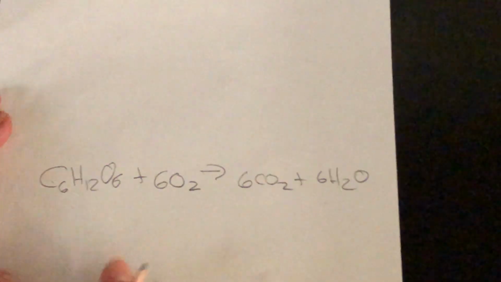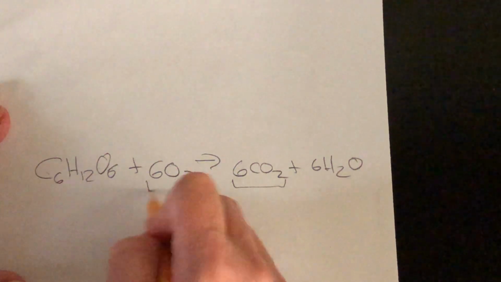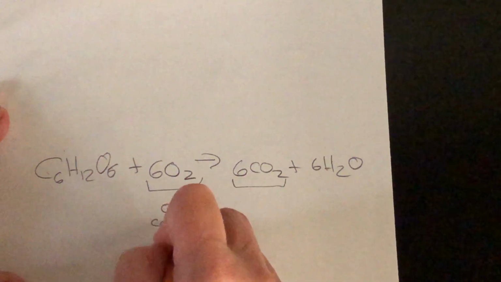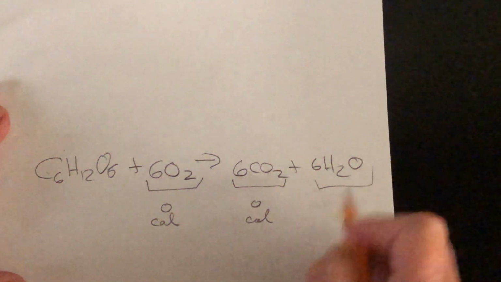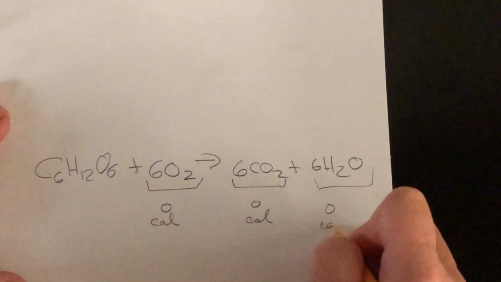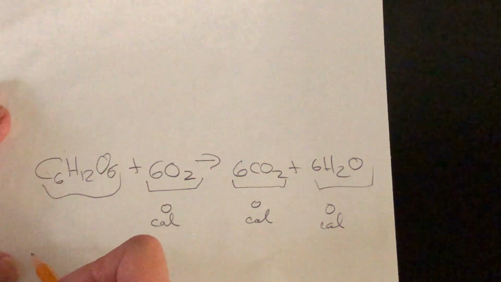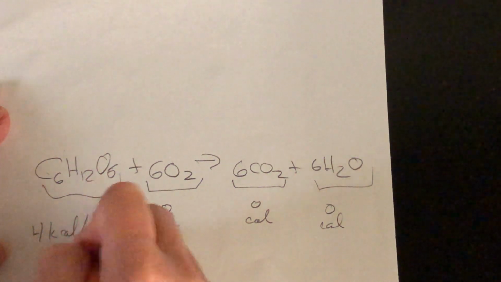Okay, think about this in terms of calories. Carbon dioxide gas, oxygen gas, any calories in those? No. 0 calories, 0 calories. Water, any calories in water? No, 0 calories. Is there calories in sugar? You betcha. There is, yes. 4 kcal per gram.